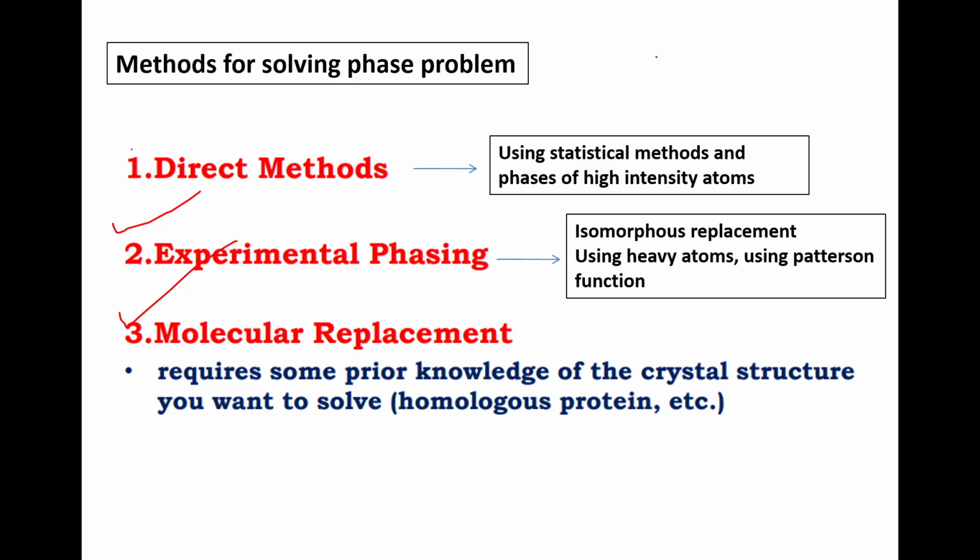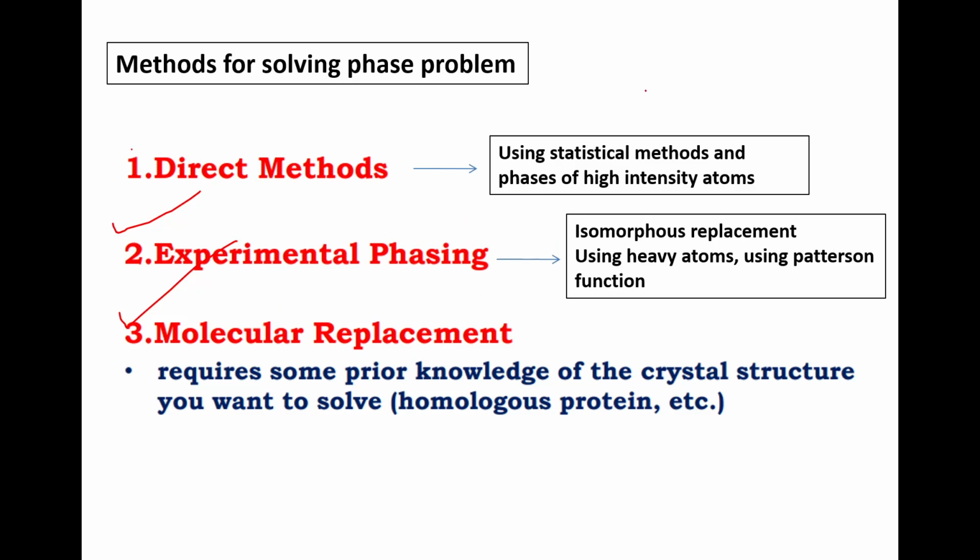So we can calculate the phases associated with these heavy atoms, and then use that knowledge to calculate the phases associated with the other atoms in the crystal. That is the concept of experimental phasing.